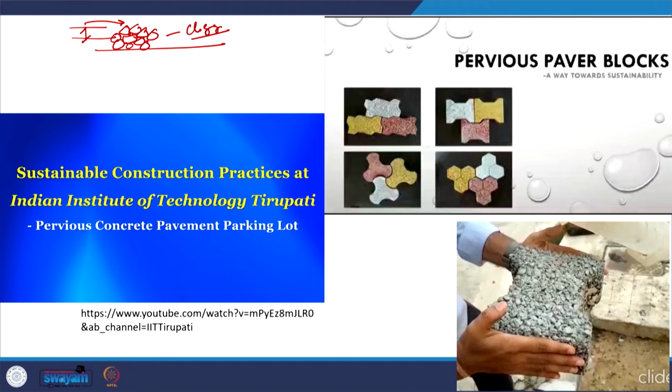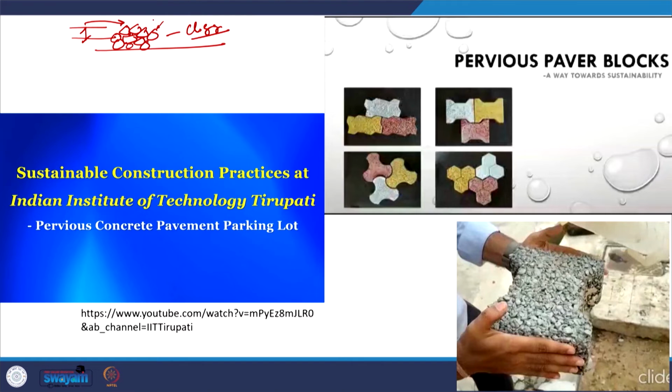Another problem with pervious concrete is that a conventional curing method does not work, because in the case of cement concrete we can spray water, and this water will stay on the concrete mix and cure it, and increase the strength over a period of time.